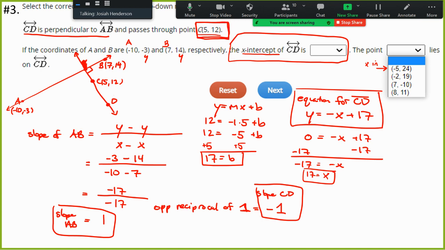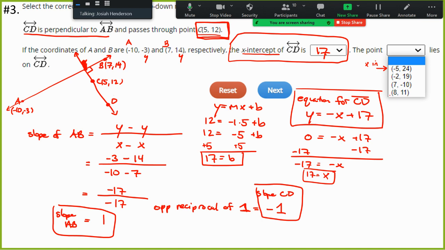Okay, this is a weird question because of all the 17s, but what's important is the process. It won't always be like 17 over and over again. I think this is happening because the slopes they're using are 1 and negative 1. So it kind of makes a special case.